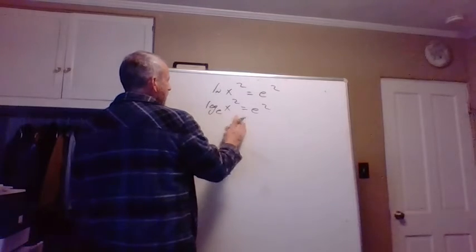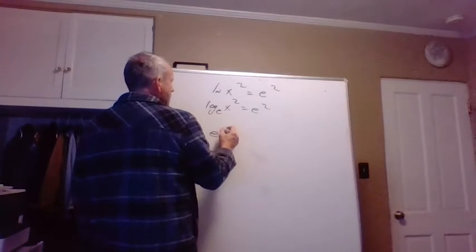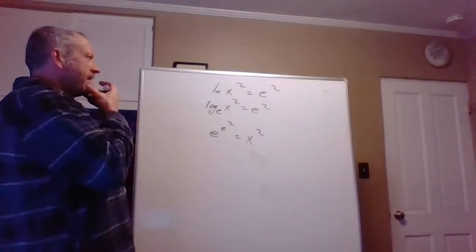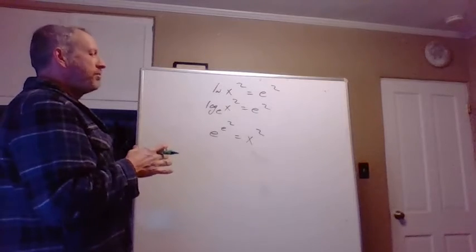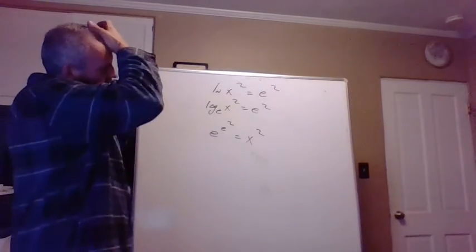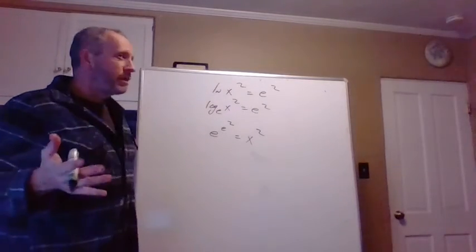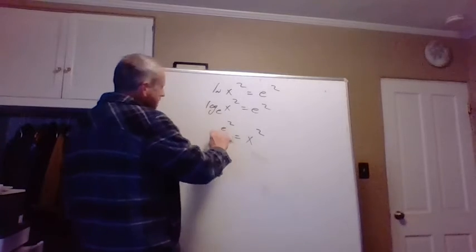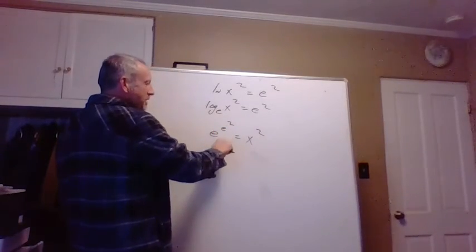What's the definition of a logarithm? Tell me. This is e raised to the power of e squared equals x squared. Now, I've got to be really careful here. In fact, I think I'm going to throw this question out. I don't know what I was thinking when I wrote this question. This is not the same thing as e to the 2e.